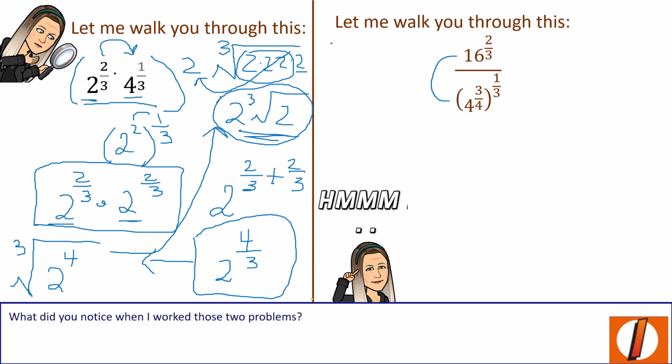Now I recognize that 16 is equal to 4 times 4. Okay, I don't need to bring that down to a base of 2, even though you could, but let's keep it as 4 squared. 16 is 4 squared. We're raising 16 to the 2/3 power.